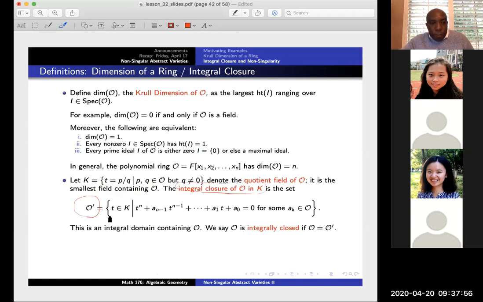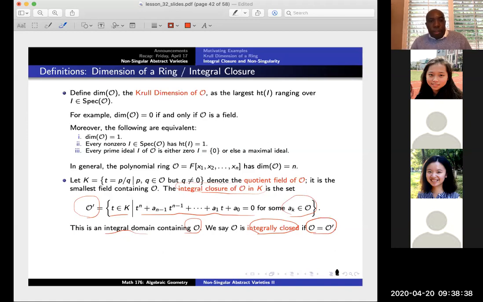It's the set of elements from K that are the root of some polynomial where the coefficients lie in the ring O. This is kind of a weird definition, but it's the set of elements that are the root of some polynomial whose coefficients lie in the ring O. It turns out that this O prime is also an integral domain, and it contains the ring O. So we'll give this definition: we'll say that O is integrally closed if O equals O prime.